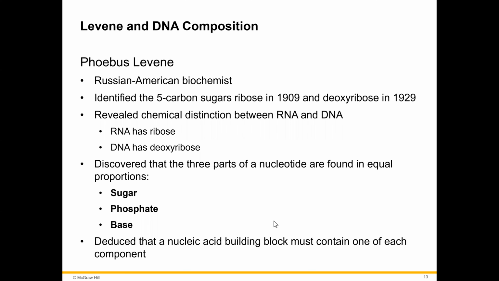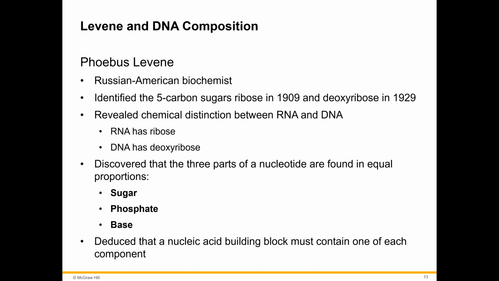How am I supposed to remember this? The main information on this slide is that if you look at the chemical composition of DNA, it's made of sugar, phosphate, and base. And sugar, phosphate, and base are in the same proportion, in the same ratio. So you have one sugar, one phosphate, and one base. Or you have two sugars, two phosphates, two bases.